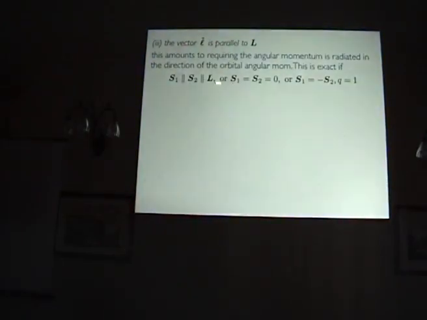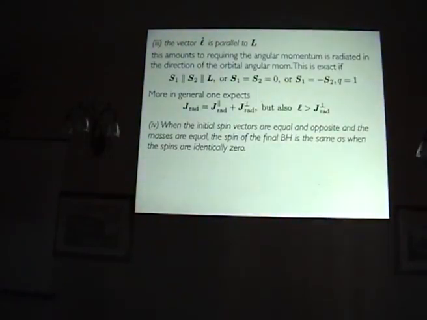Now, there are some situations, like for instance when the spins are parallel to L, or when they are 0, or when they are opposite and they are equal mass, in which this condition is actually exact. But it's not true in general. Okay? In general, one expects the radiated angular momentum to have a component parallel and perpendicular. But also one expects that the parallel one is larger than the perpendicular one. So this is clearly a way in which this can be improved, in estimating what the perpendicular component is.